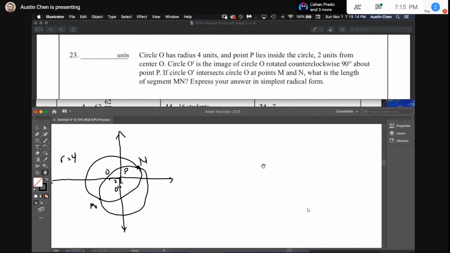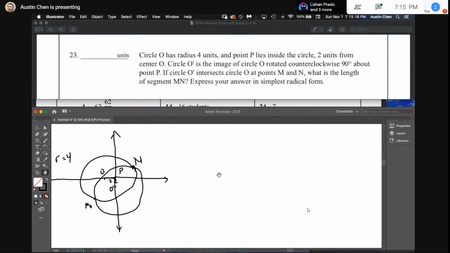Okay, so let's try that method, right? So the equation of O will be what? Will be x plus 2 squared plus y squared equals 16.